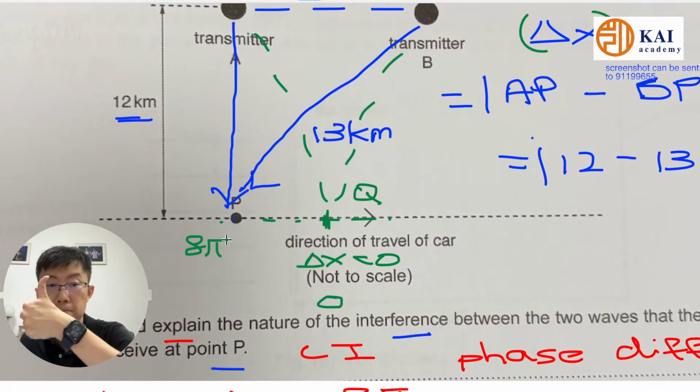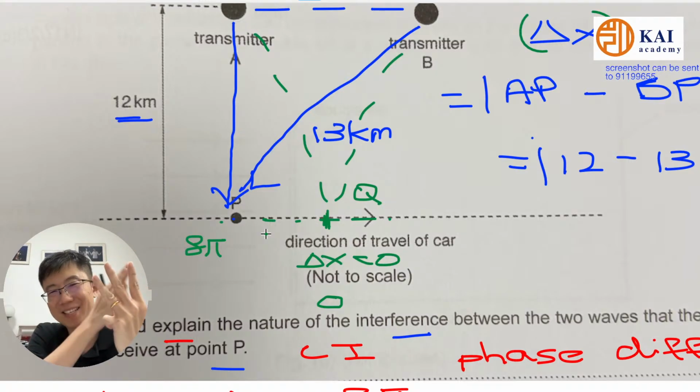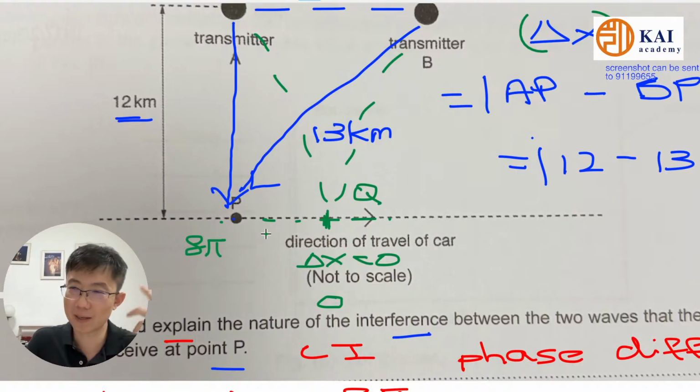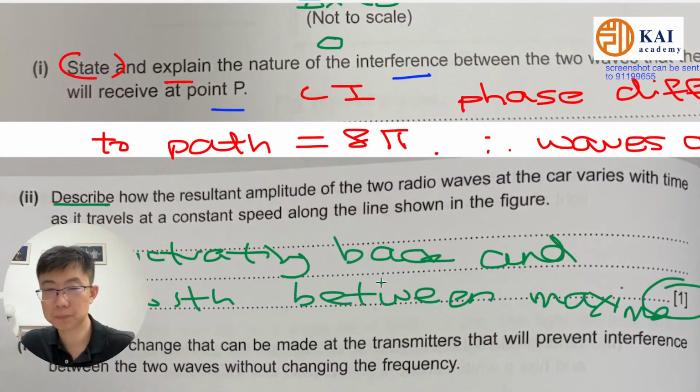At 8 pi, that will be a maxima, 7 pi minima, 6 pi maxima. You can just count all the way until 0, and in between you will get all your maxima and minima. So that's part 2.